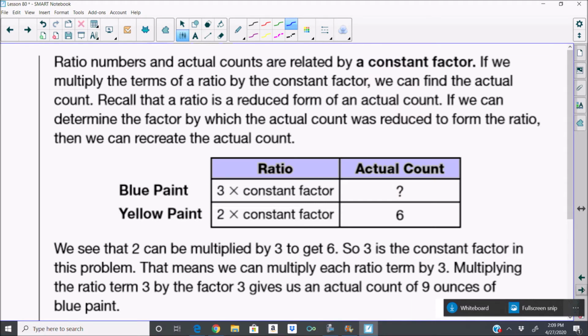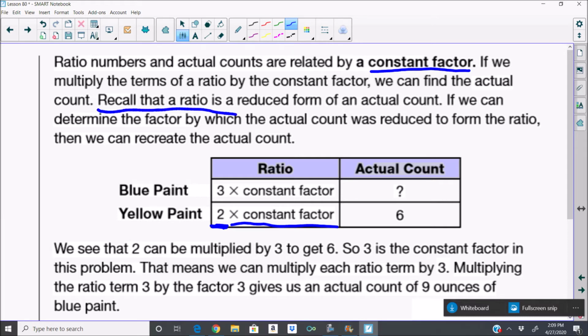Ratio numbers and actual counts are related by a constant factor. That means it stays the same, constant. If we multiply the terms of a ratio, so look down here at the box, if we take the terms of the ratio, which is 3:2, by a constant factor, we can find the actual count. Recall that a ratio is a reduced form of an actual count. What is that really saying?